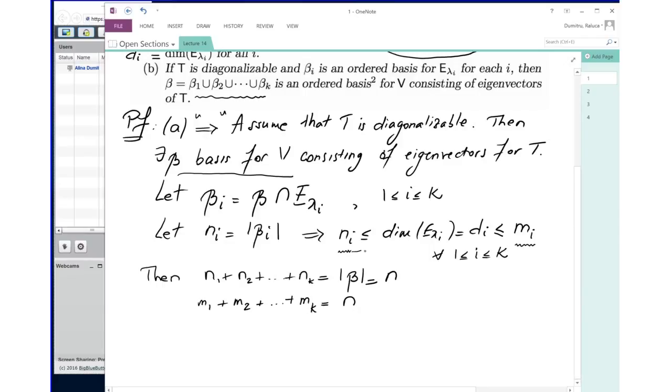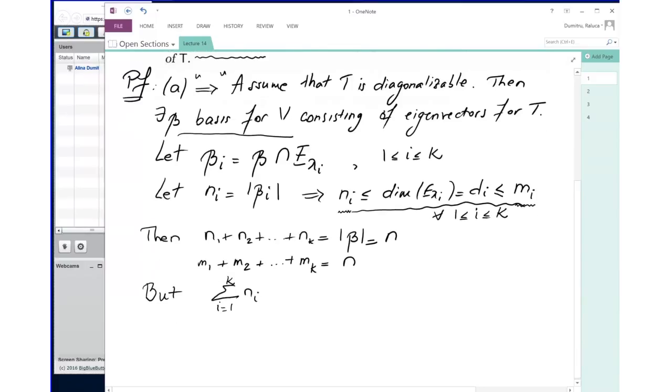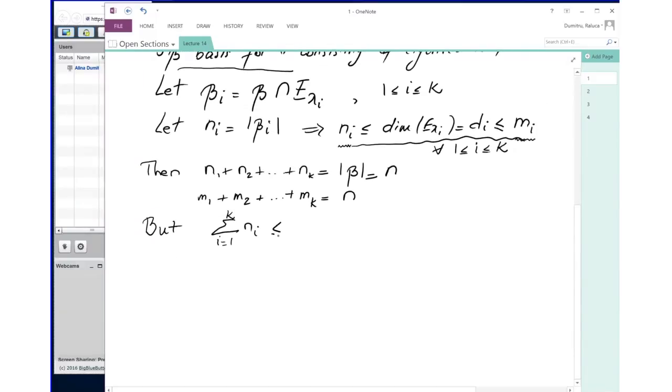But if I look at the inequalities that I have here for every i and add them all up, on the far left, I get the sum of all n_i's being less than or equal to the sum of all d_i's, less than or equal to the sum of all m_i's. Again, that's by adding all those inequalities.